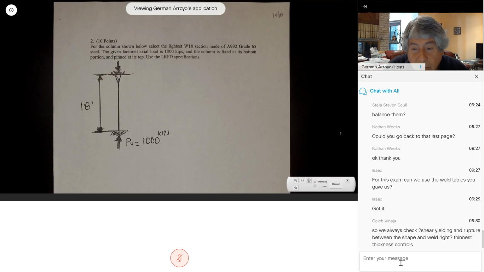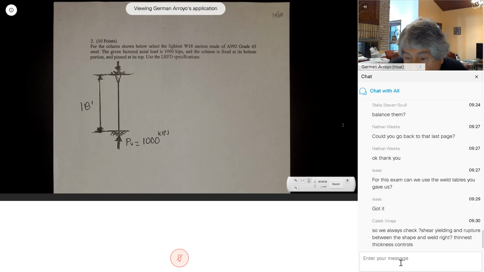No matter how strong the material is, we had a situation where we're getting twice the amount. So the smallest thickness controls, according to your question. If the smallest thickness has the weakest material, obviously it will.